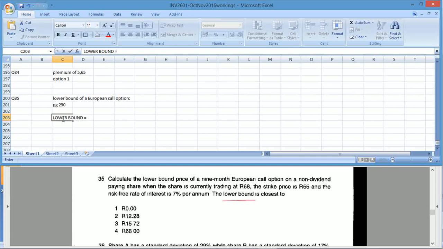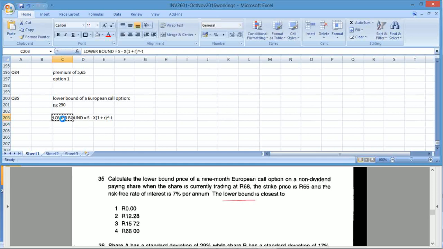Okay, so the lower bound of a call option is S minus X, brackets, 1 plus R to the power minus T. Minus T, right? Yes, it's minus T. Okay, that's the formula that we need.